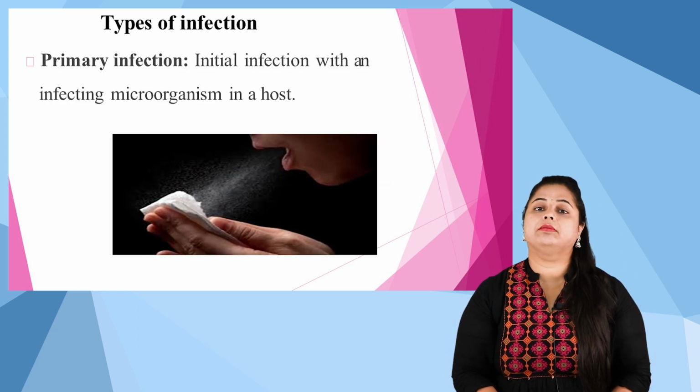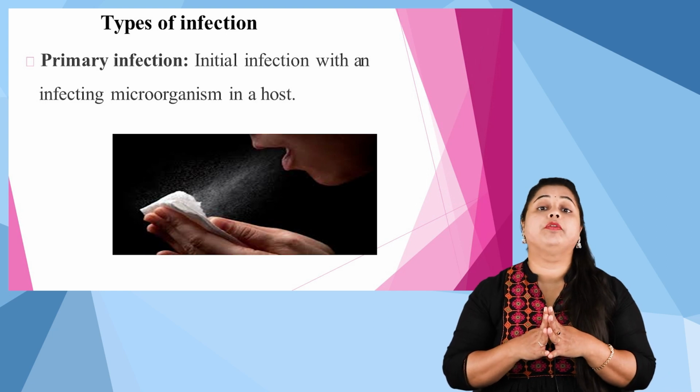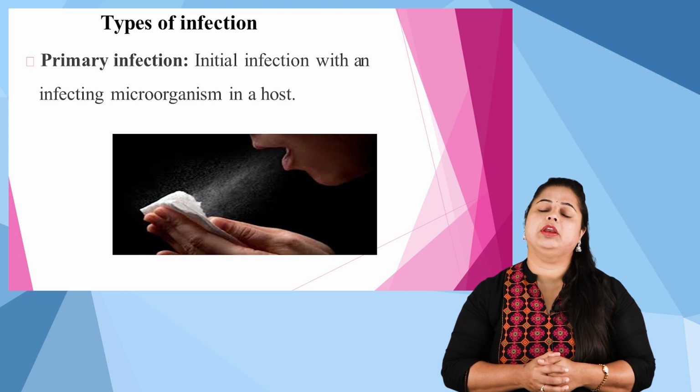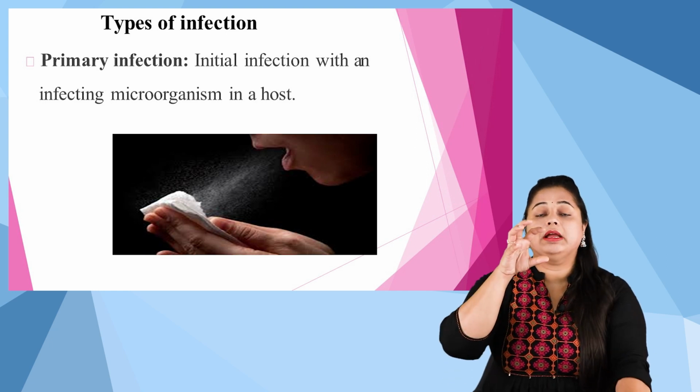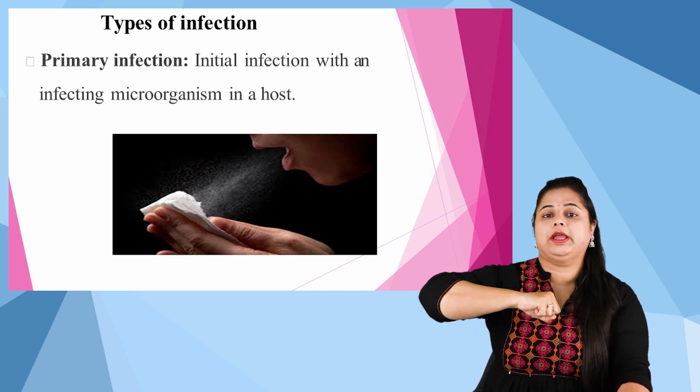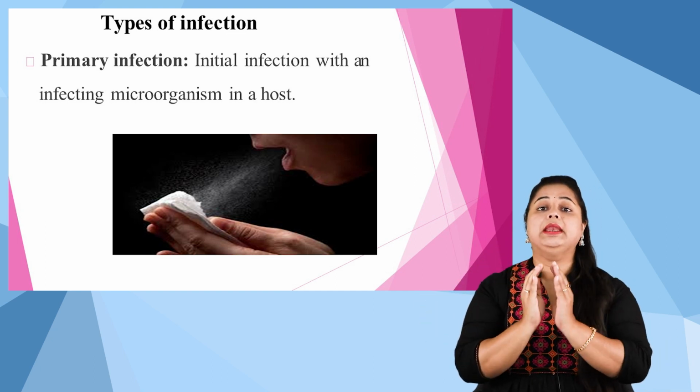Now we'll see a very important thing, types of infection. The first one is a primary infection. In the primary infection, it is the initial infection where the infectious microorganism is in a host.